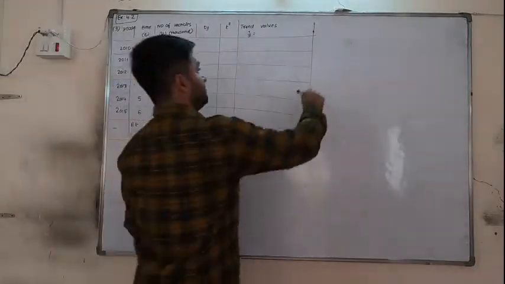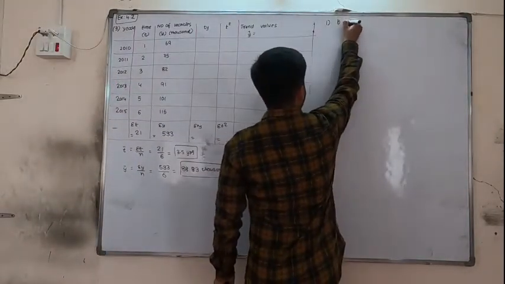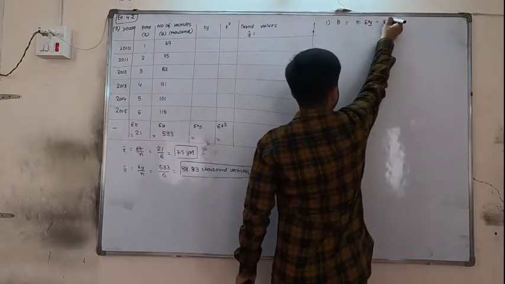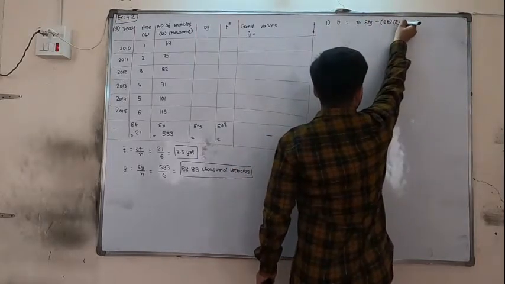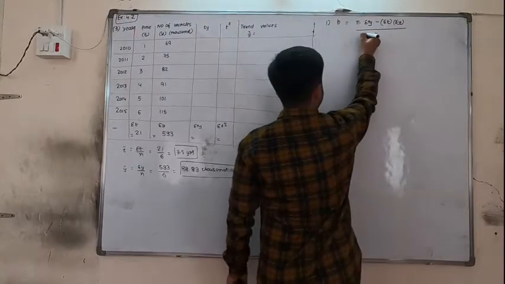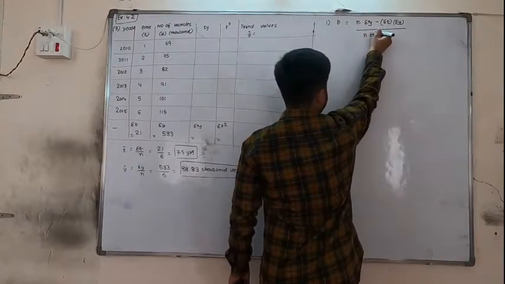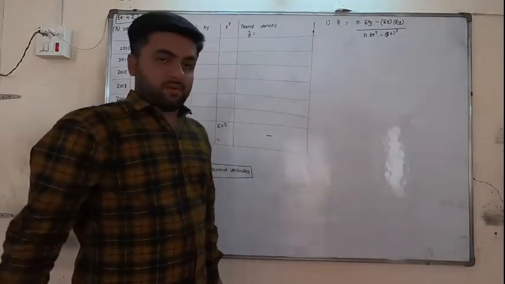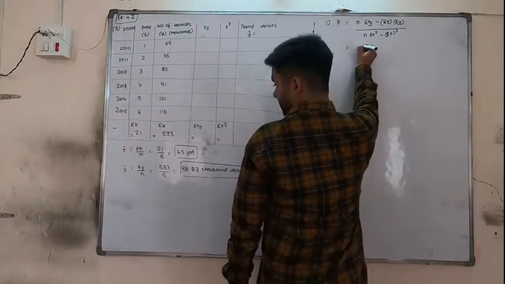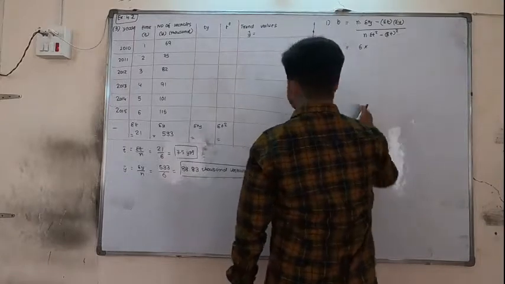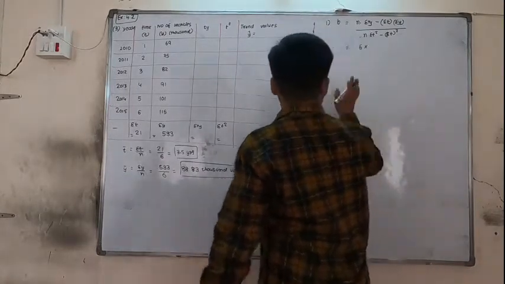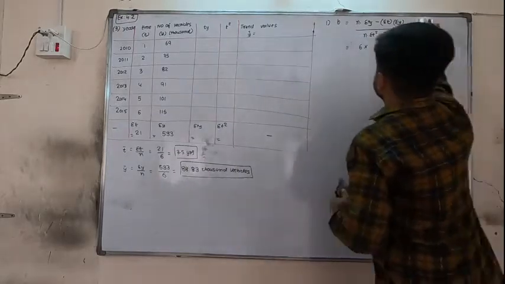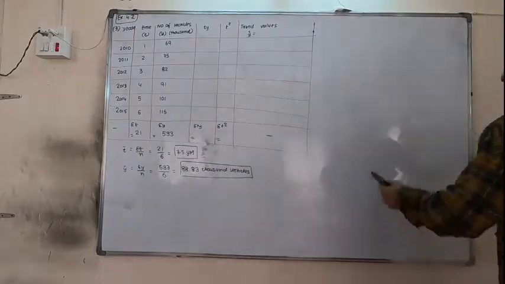Starting our sums. First step, b is equal to n into sigma ty minus sigma t multiply sigma y, divided by n multiply sigma t square minus sigma t whole square. N is 6, sigma... Okay, sorry, I made a mistake. Not now, by mistake I have done.